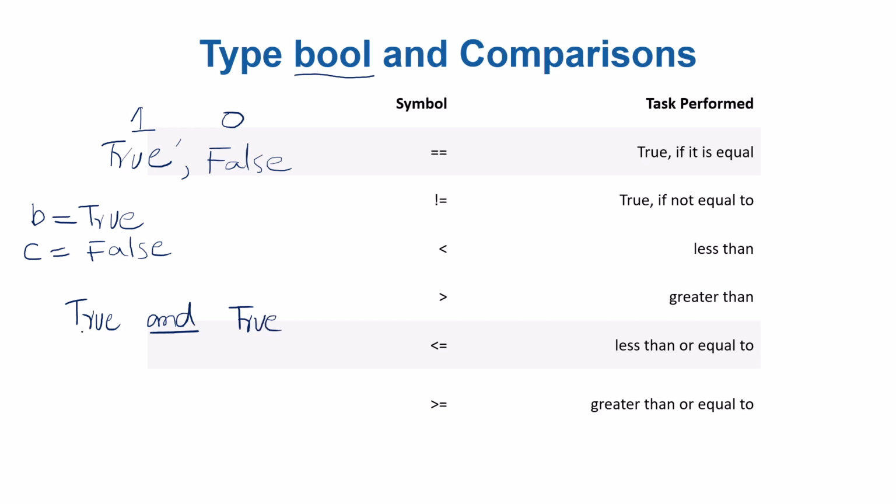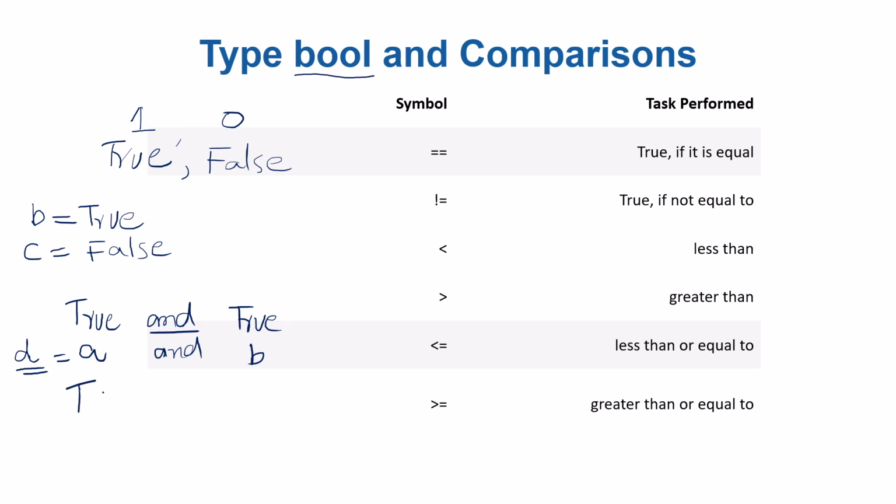If there is a Boolean variable a with data True, and a Boolean variable b with data True, then a and b is also True. If I store this a and b in a variable d, d will also be True. So True and True is always True.